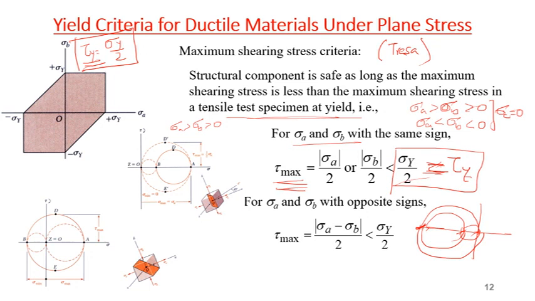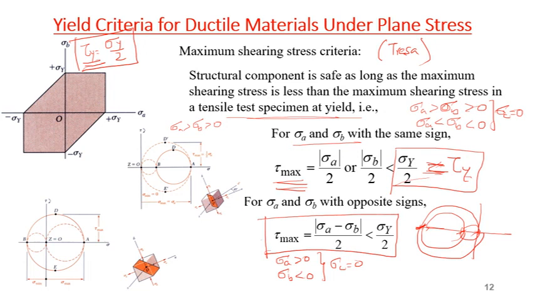Now, if the case is that both have opposite signs, meaning sigma A is tensile and sigma B is compressive, then sigma C is 0. In that case, tau max is this value. Again, this is equal to the radius of the circle as well.